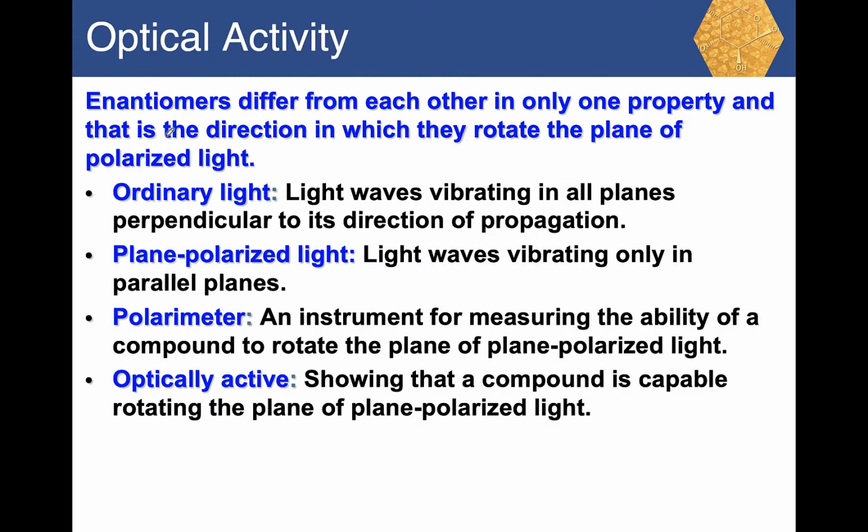Okay, lastly, let's look at physical property. As we mentioned here, enantiomers differ from each other in just one physical property. Let me remind us again, a physical property is an observable or measurable property of a molecule. Water, for example, is colorless. That's observable.